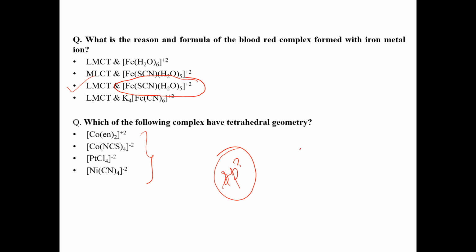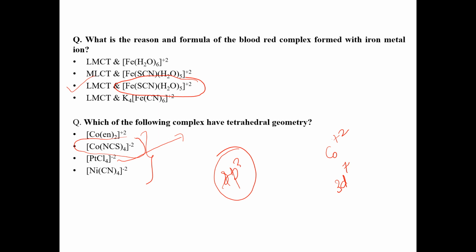First write down the oxidation state. If I consider this example, it will be cobalt +2, so it will be 3d7. And this is platinum, an element of the 5d series.